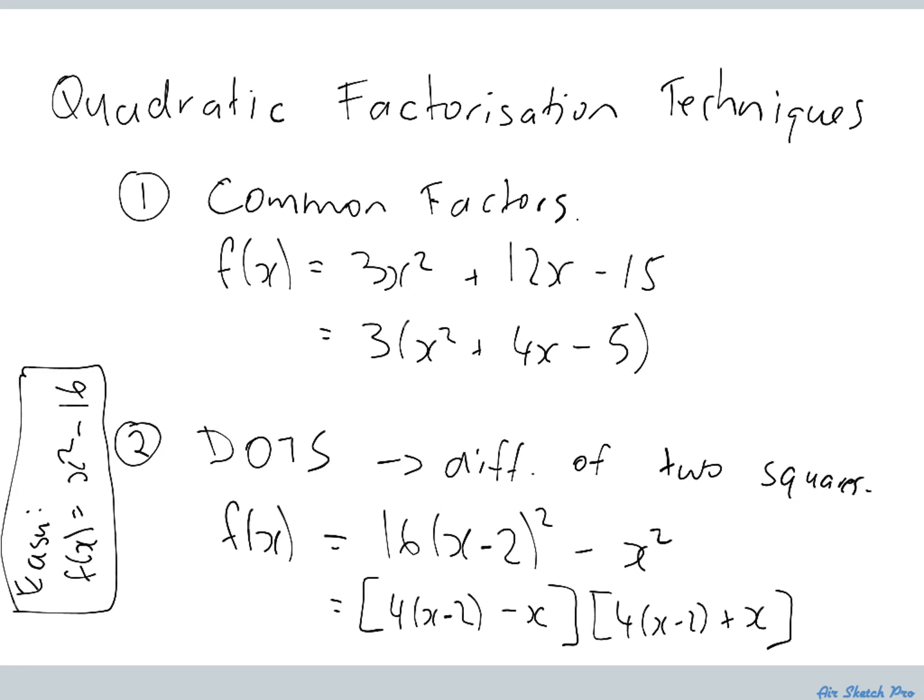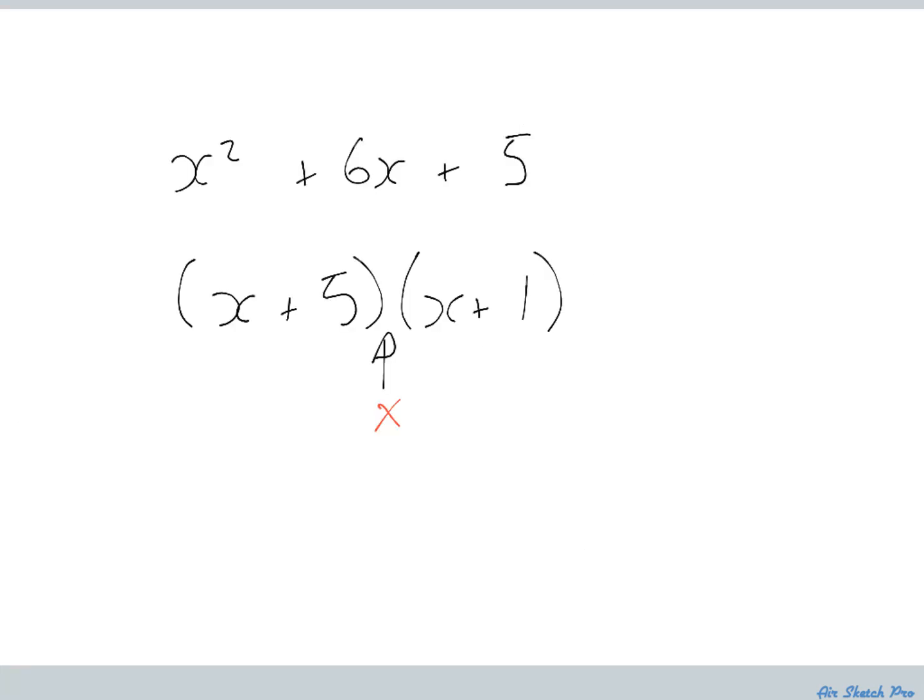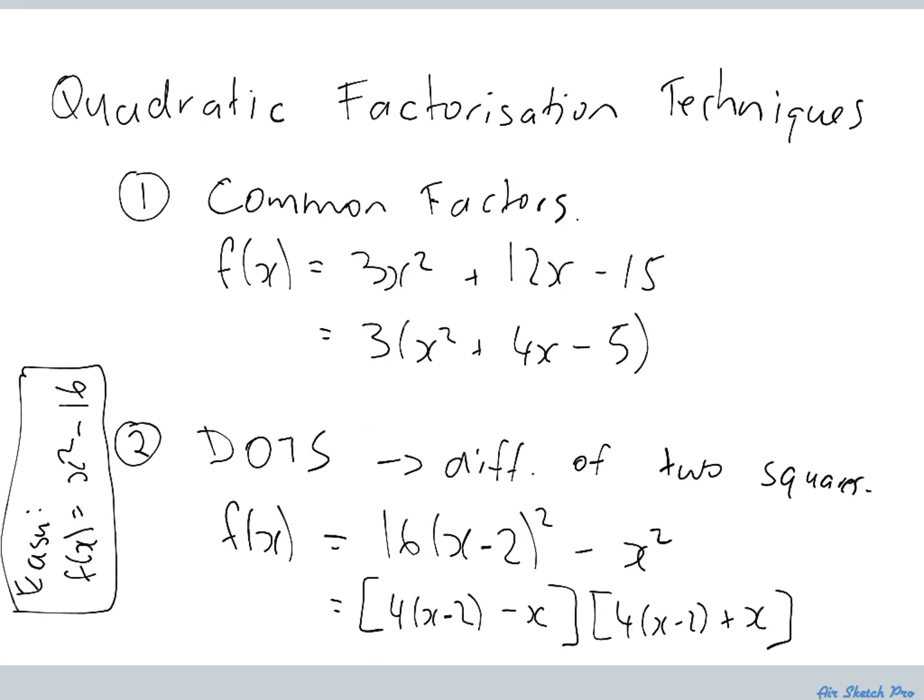Okay, so number 3, is it a perfect square? Again, you are expected at Maths SL level to already come into this course being able to recognise a perfect square and be able to factorise in a step.